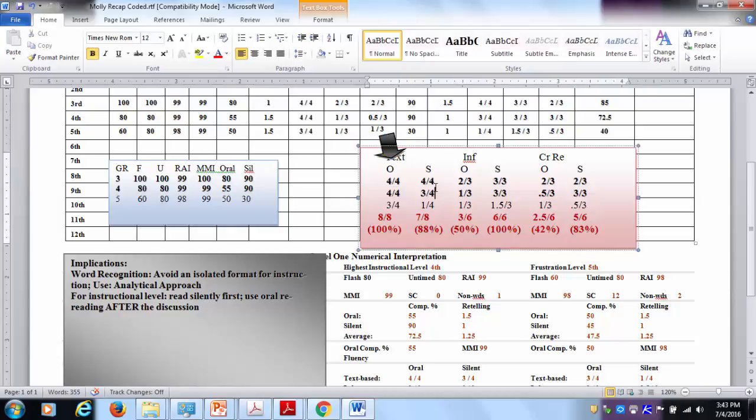All right? Let's move to inferences, folks. Molly was asked 6 inference questions. Guess what? She was successful with only 3 of 6 questions following oral reading, which is 50%. But now we're going to add something else to Molly's picture.